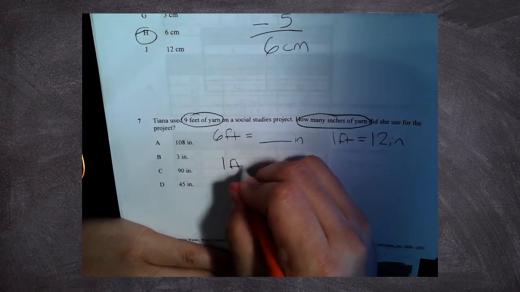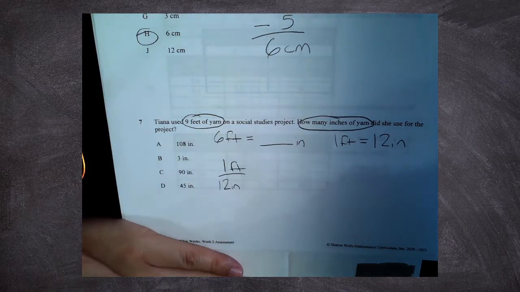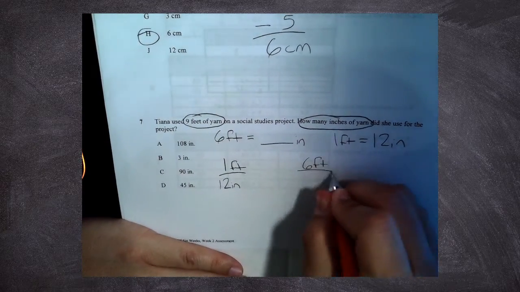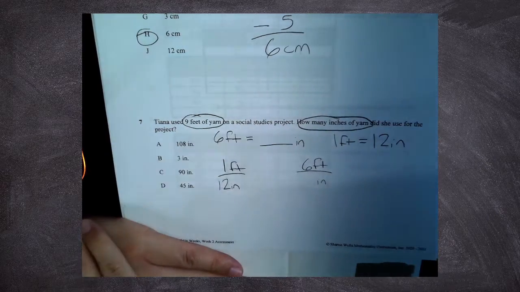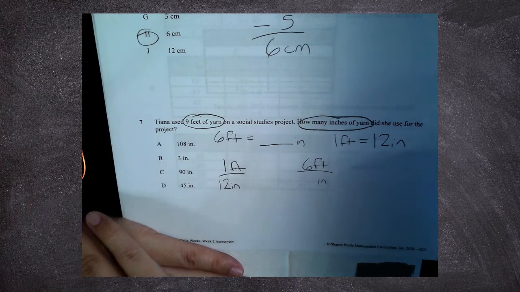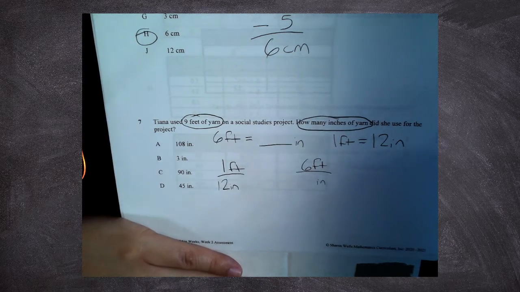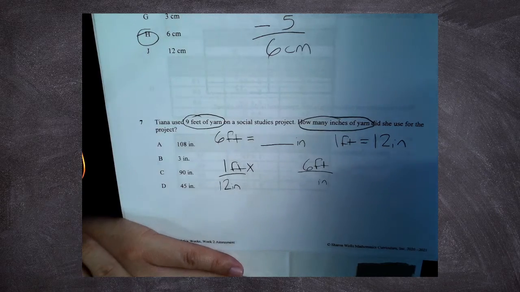I know that 1 foot is the same thing as 12 inches. I know that when she measured, she had 6 feet. But I don't know the inches. Got to change my numbers. Again, to be fair, to be equal, to be even, I'm going to change them using multiplication.